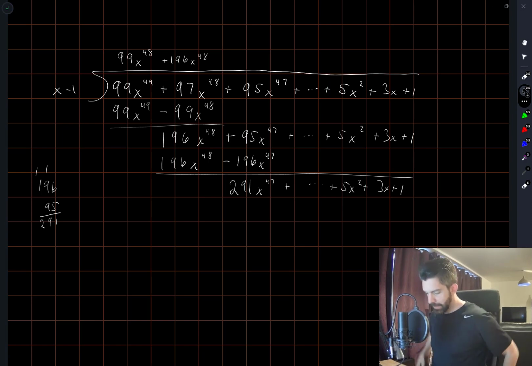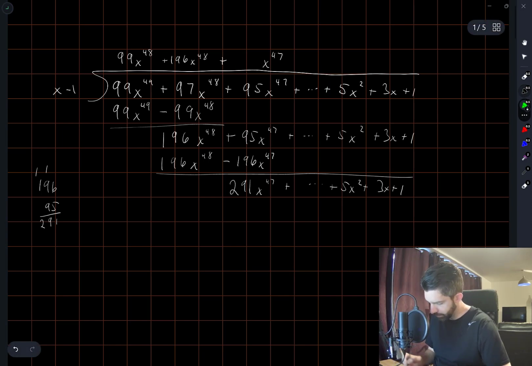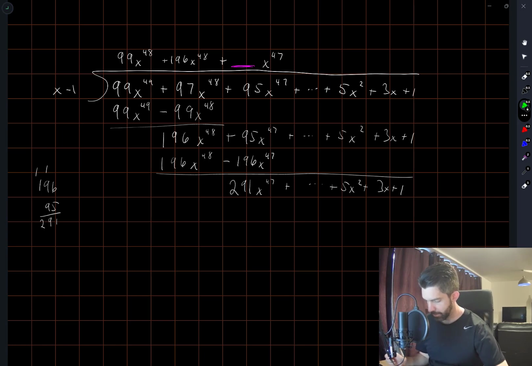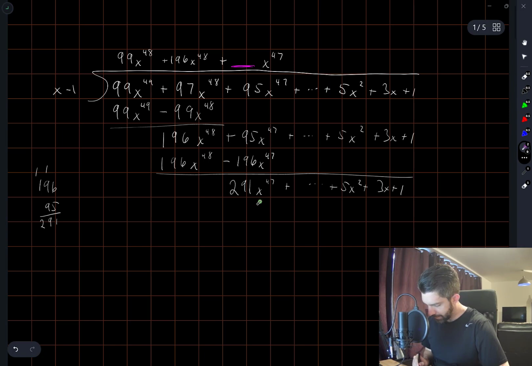So what's happening here is, each additional coefficient that I have here, that's not a 0, this is supposed to be a placeholder for something. Whatever goes here is going to be 99 plus 97 plus 95, and the new one is, I suppose, 291, right? And then we just keep adding these coefficients together.